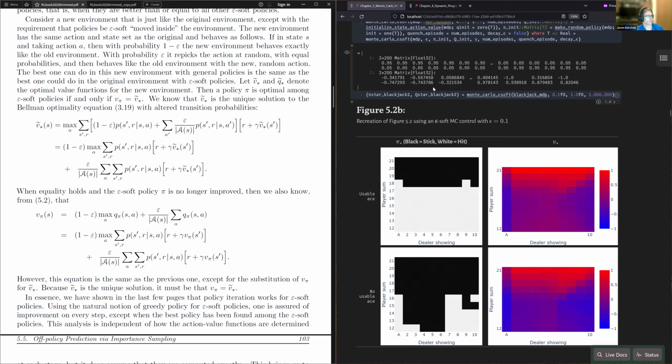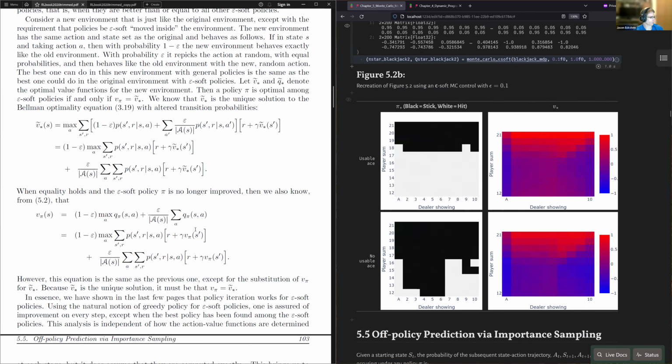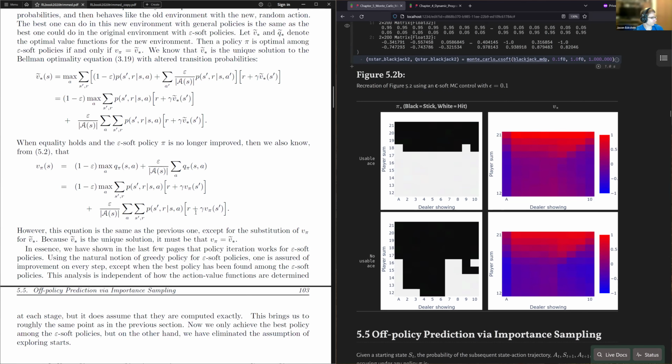So with this method you do have to select this epsilon parameter, which may be a problem if you're not really sure what it should be and don't have a good way of picking it. Those 2 methods are the extent of the usual way of using Monte Carlo to find the optimal policy.